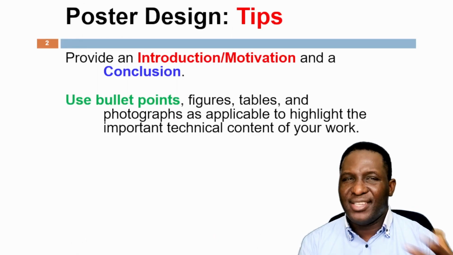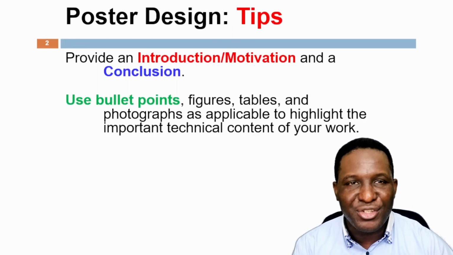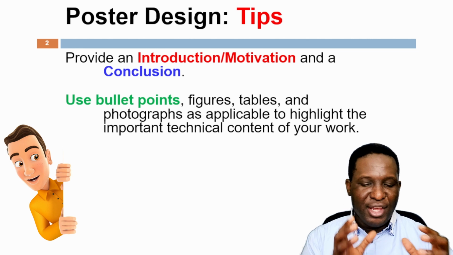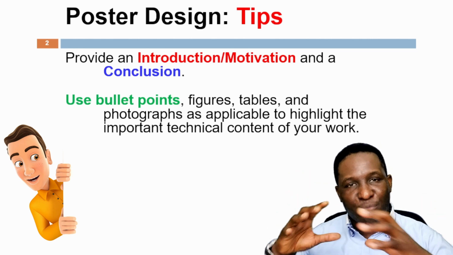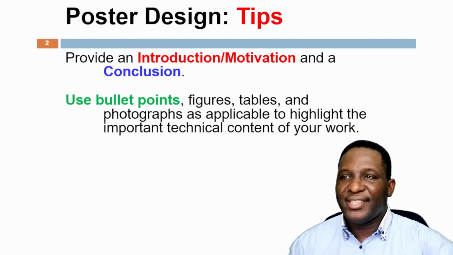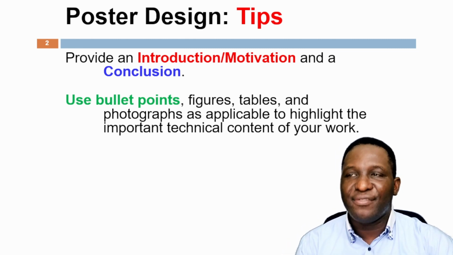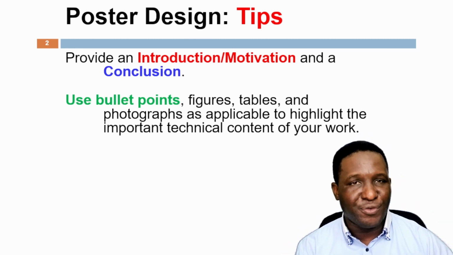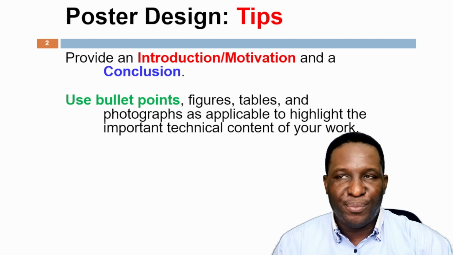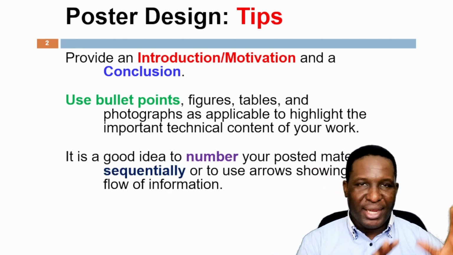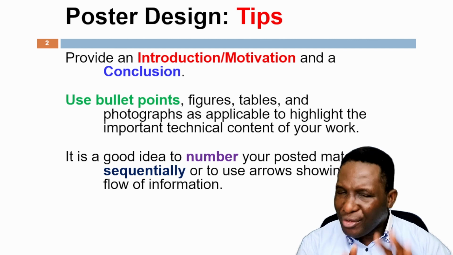The second thing that Stephen needs to be aware of is it makes sense to use bullet points or some sort of condensed text ideas, blocks of ideas that you present. So in presenting your poster, figures and tables and photographs, images are also useful to highlight the ideas that Stephen wants to present. It's also good to number the sequencing of the poster. So we're going to think about that.